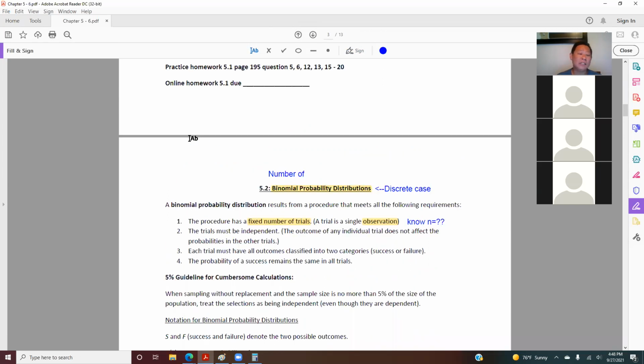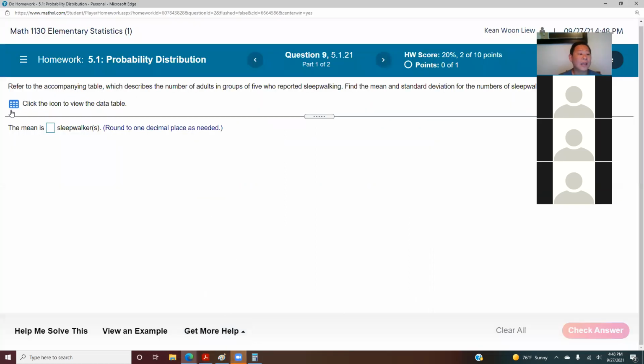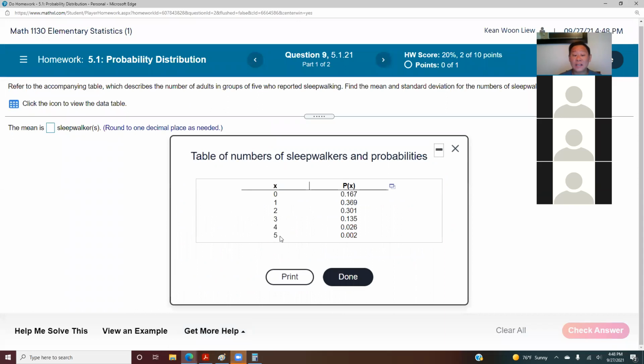It's very easy to figure out. If you have a table like this, n in this case will be 5. n is always the last number on the x. This is your n. So if I give you a table here, your n in this case is 5, so we have 5 people. Usually the question will provide us n.